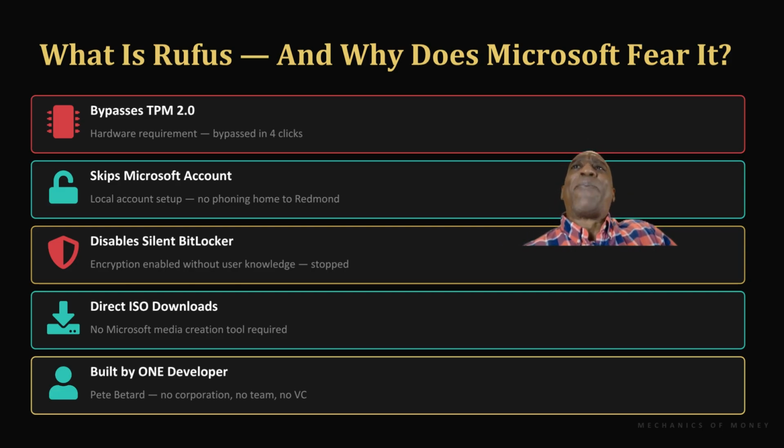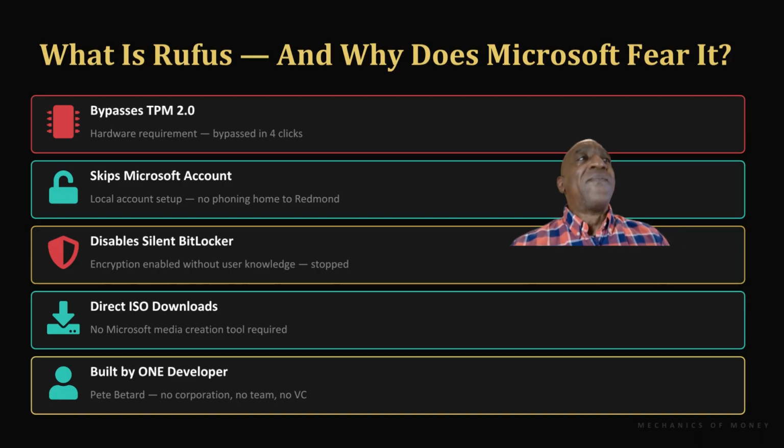Rufus bypasses TPM 2.0 requirements that make Microsoft hardware restrictions optional, allows local account setups, and it eliminates mandatory Microsoft account creation. It disables, which is really important, BitLocker activation.